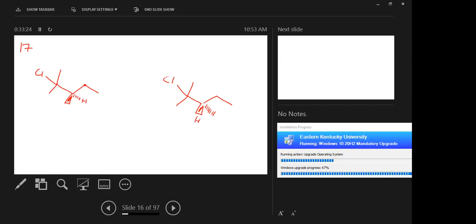So we drew the unique stereoisomers for 2-chloro-2,3-dimethylpentane. And the only difference is this right here. So we have 1, oh, my pen's not working.